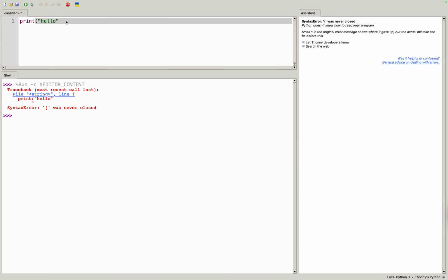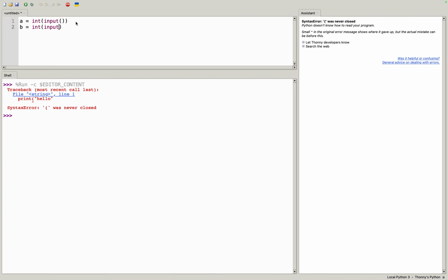The second type of error, which is not a syntax error, is a runtime error. For example, you say A is equal to input, and I do integer here. Then B is equal to input, integer input here.